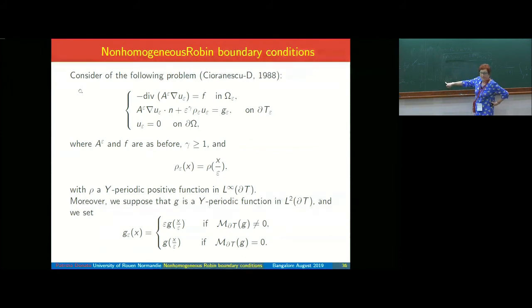This is a surface integral, so you have epsilon to the power n minus 1 times the (n minus 1)-dimensional measure of dT. So this is of order 1 over epsilon.